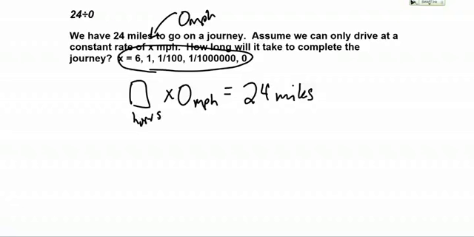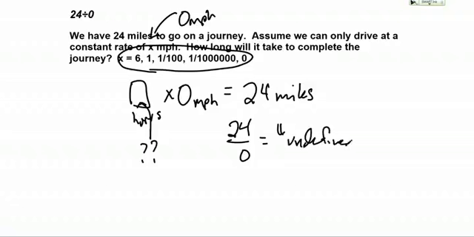Well, as we know, there are no numbers that can actually fit the bill here, because any real number multiplied by 0 gives us 0, never 24 miles. And so this is why many times in school you would say 24 divided by 0 is undefined, because no real number can solve that problem.